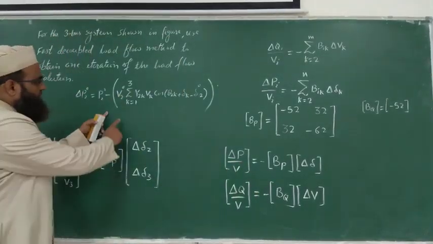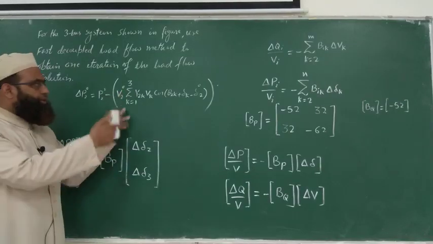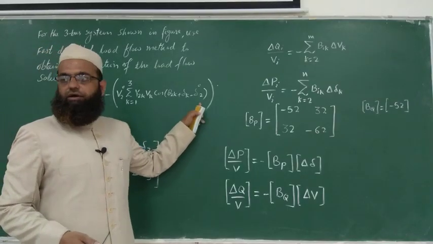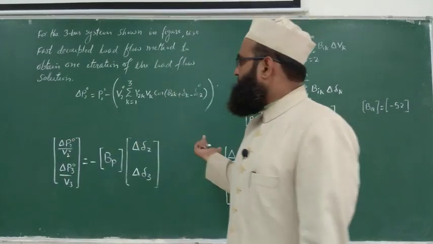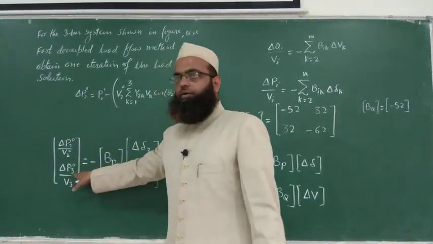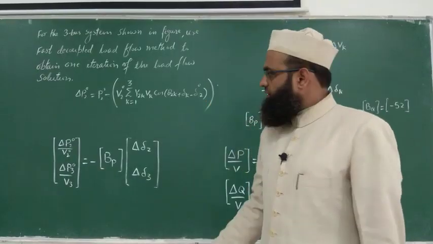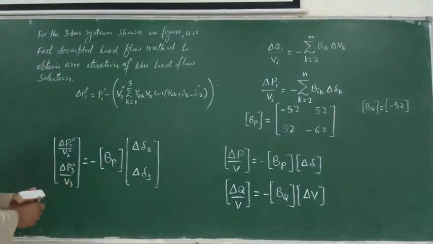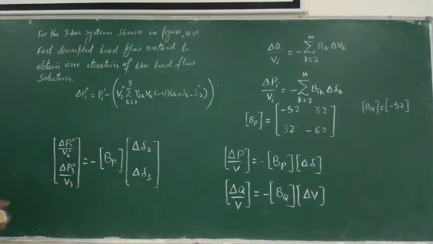Minus V3 0 times sum over K is equal to 1 2 3 of Y3K Vk cosine of theta 3K plus delta K minus delta 3. Substitute initial values of the variables, you will get del P3 0. V3 0 is given in the problem. Fine. So we have evaluated. Tell me the final values of del P2 0.